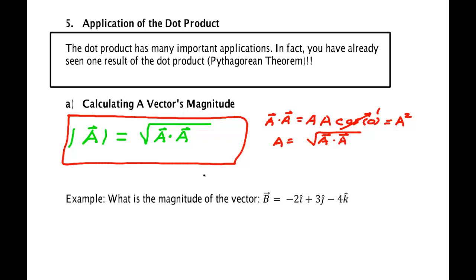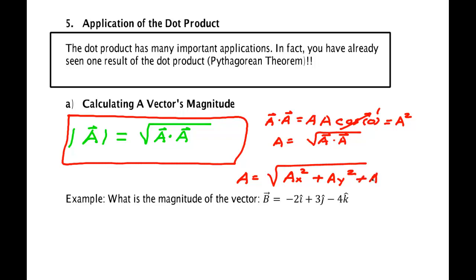Something interesting. Let's look at it from Cartesian land. Well, in that case, A is the square root of ax squared, because ax times ax is ax squared, plus ay squared. And if you only had 2 dimensions, you've just found the Pythagorean theorem, a special case of the dot product.